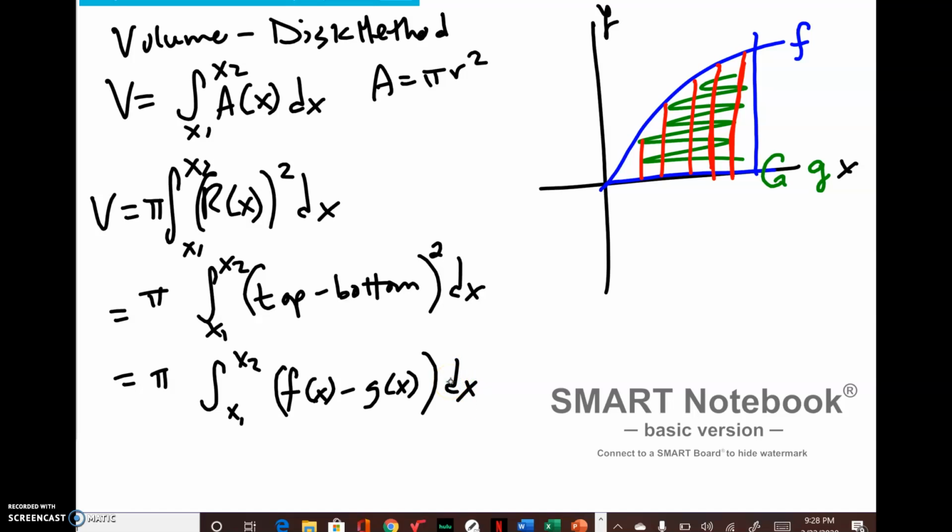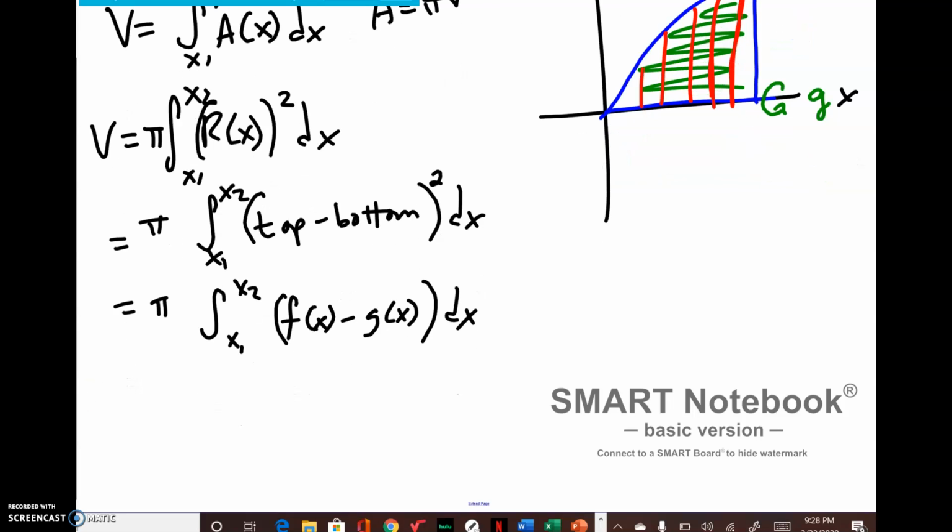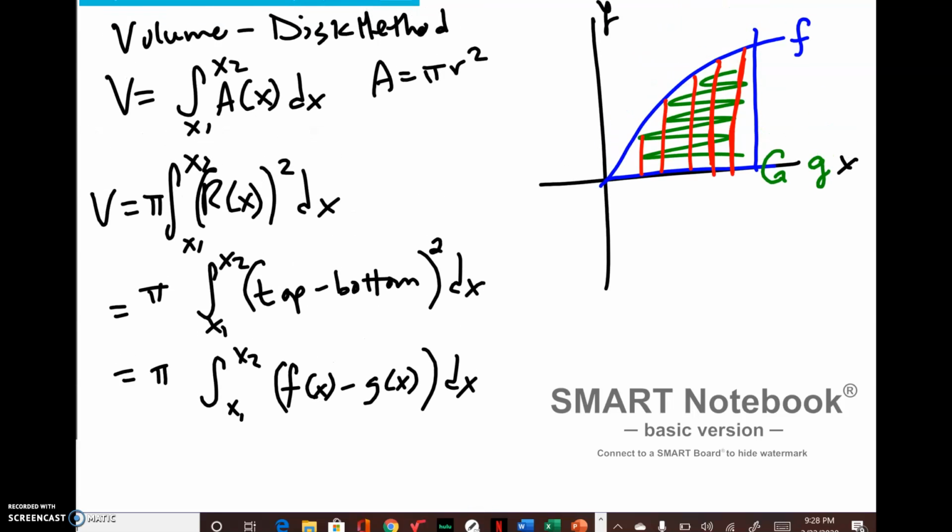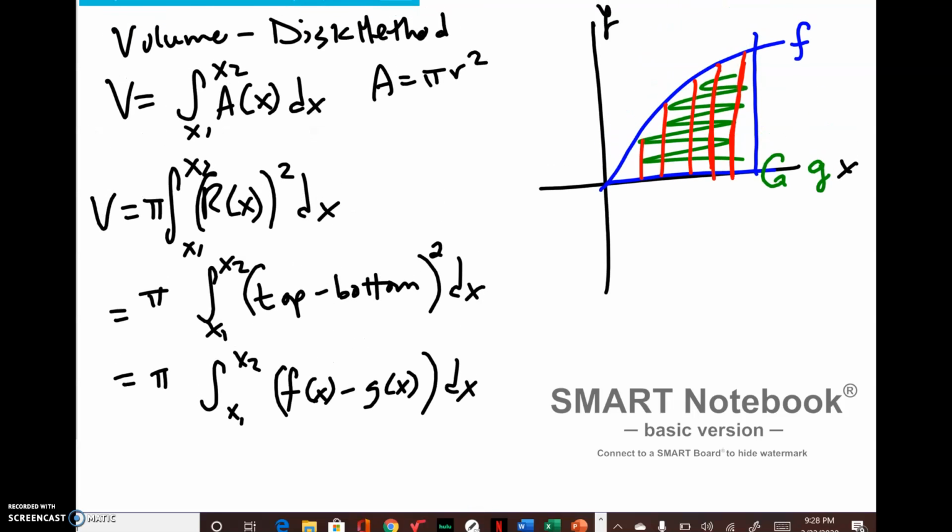Okay, now I'm going to extend this page. Now, that's for rotating about the x-axis, so I'm going to put a little asterisk there.